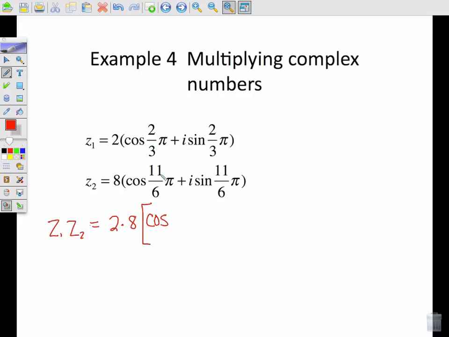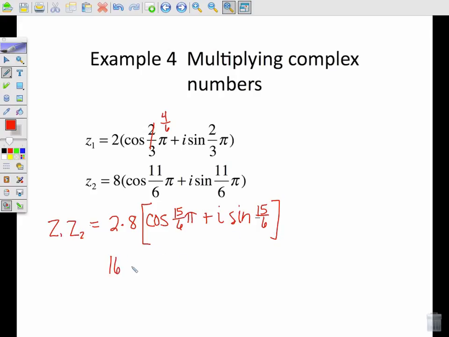So I need to add 2/3 plus 11/6. What I'm going to do is change that to 4/6 plus 11/6 is 15 over 6. And we'll come back to that. Plus i sine, and the nice thing is that this is also 15 over 6. So the angle is the same each time that you add.